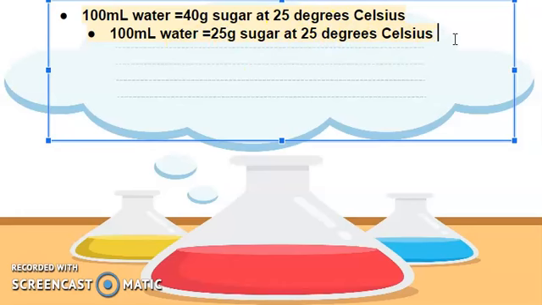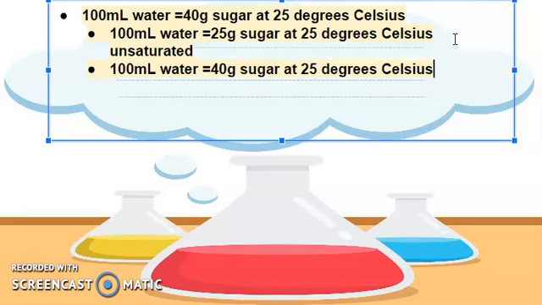Now we have the so-called unsaturated solution. If, for example, to this 100 ml water, we are going to add 45 grams sugar at 25 degrees Celsius. Now we have the so-called supersaturated.